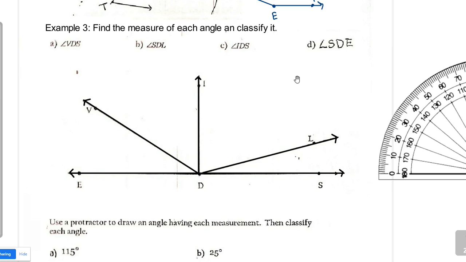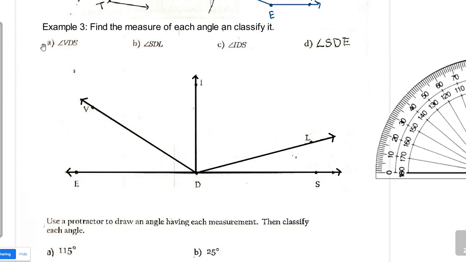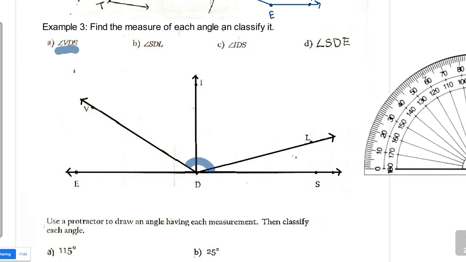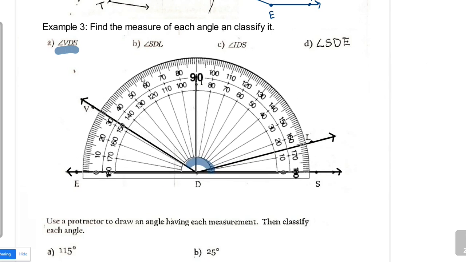So, first one, VDS. I'm sorry, I said that wrong. VDS. So I'm going to highlight that so we can see it. VDS is going to be from here to there. Let's move over our protractor and measure it. Line it up.